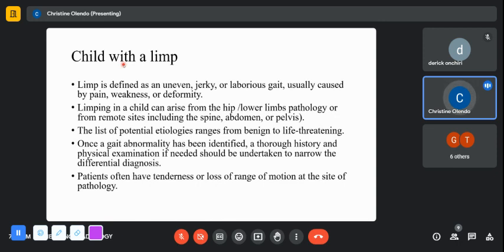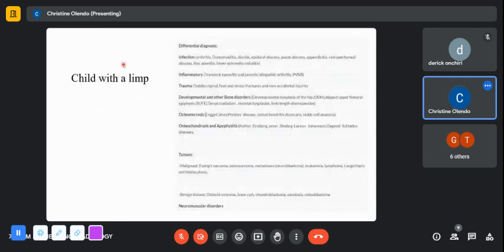The patient often has tenderness or loss of range of motion at the site of the pathology. So these are the various differential diagnoses when you encounter a child with a limp. You can have infectious causes, which are arthritis, osteomyelitis, discitis, epidural abscess, psoas abscess, appendicitis, or retroperitoneal abscess.